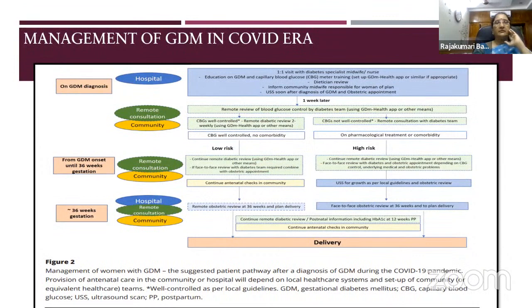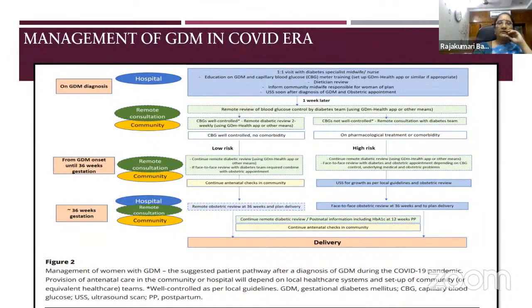How to manage GDM? In a hospital with remote consultation, giving education to the patient on GDM and capillary blood glucose monitoring, and inform the community midwife about the care of the woman, with ultrasound soon after diagnosis of GDM and an obstetric appointment.